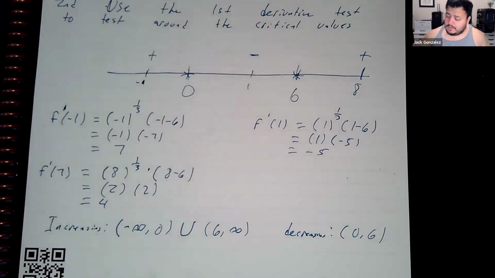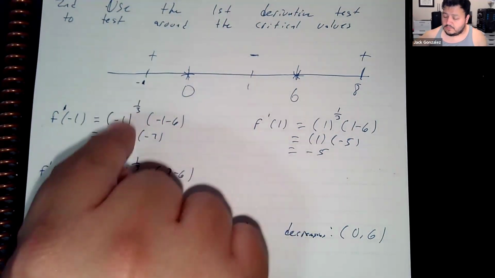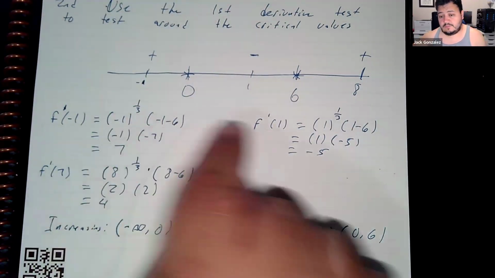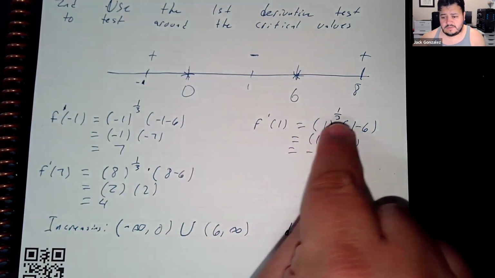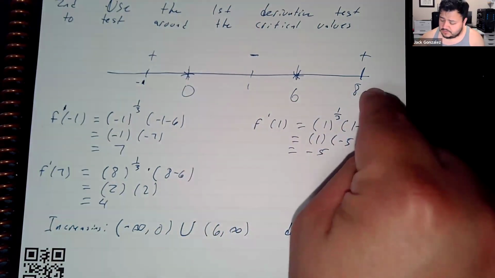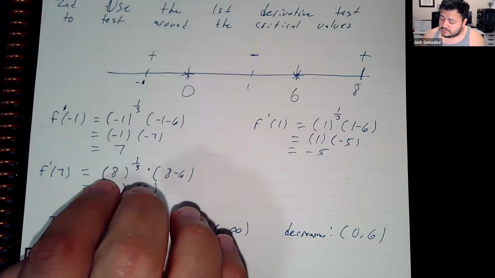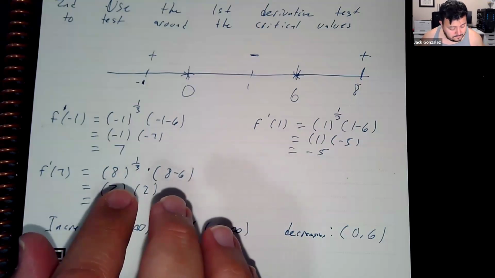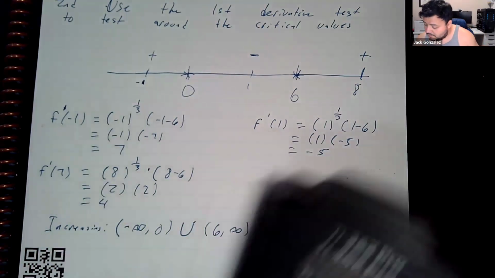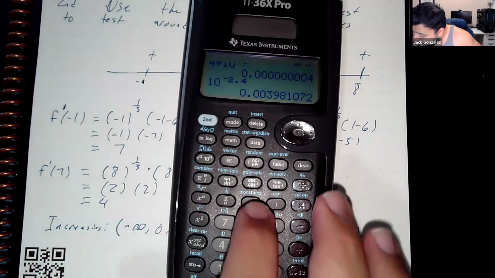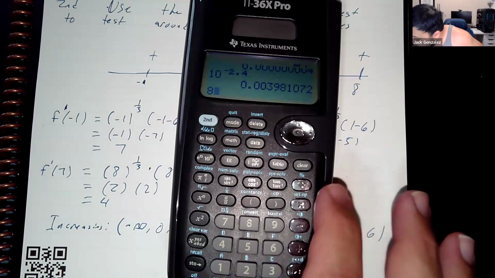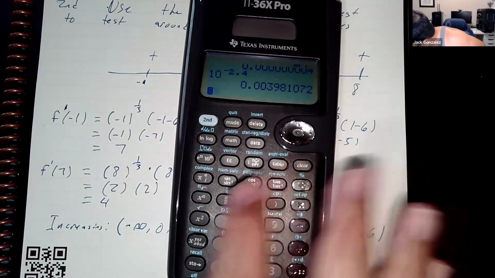But I chose -1 because I knew the cube root of -1 is easy. Same with 1. And then I decided to use 8 at the last minute because I knew the cube root of 8 is 2. So basically, well, actually, we could use the cube root, I think. Let me see.